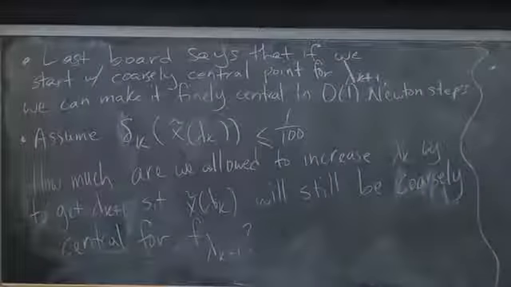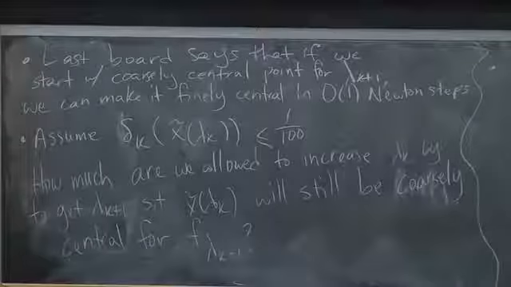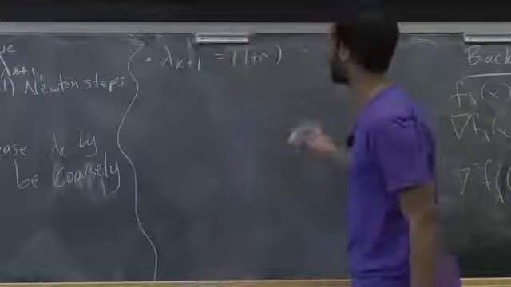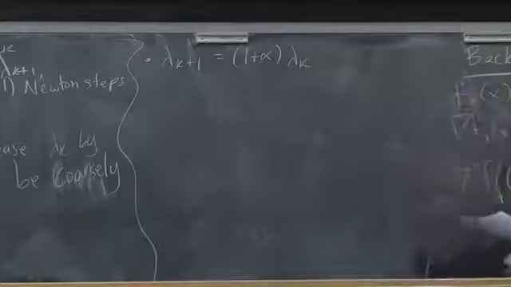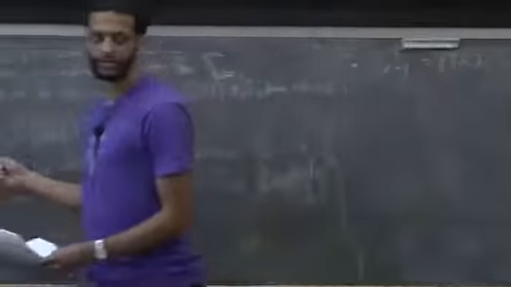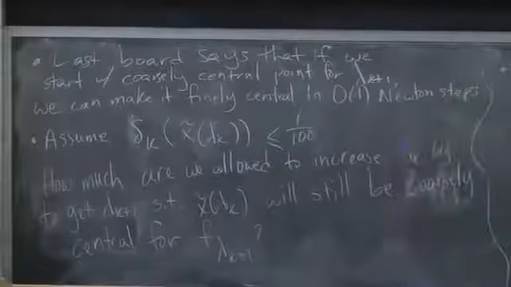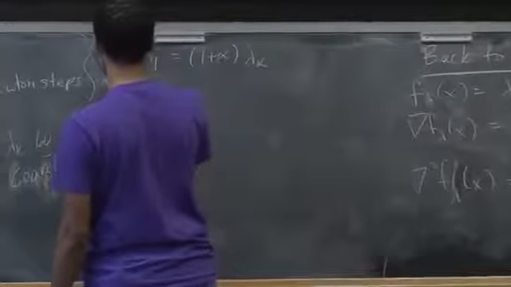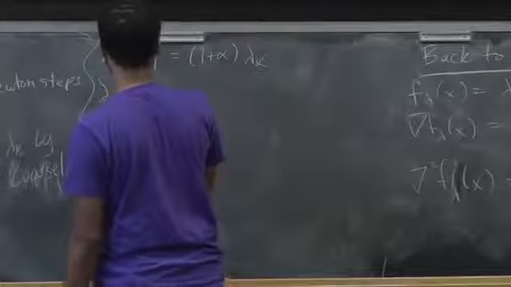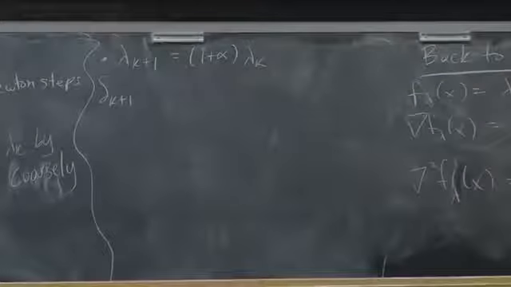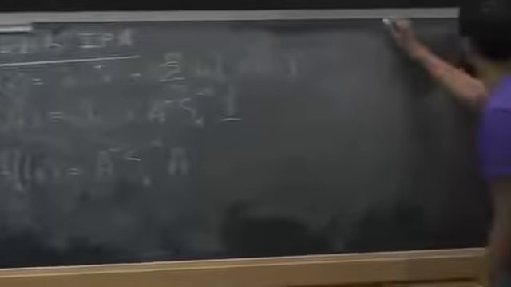So let's say that we're going to do a multiplicative increase. Let's say that lambda k plus 1 is equal to 1 plus some factor alpha times lambda k. And we want to understand how much that changes delta k by. I'll just write the relevant stuff here.